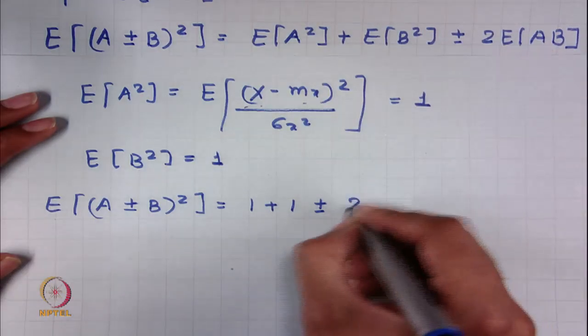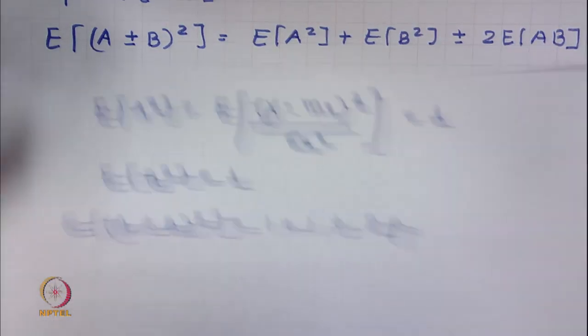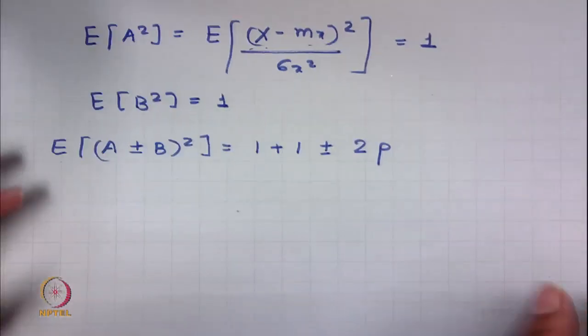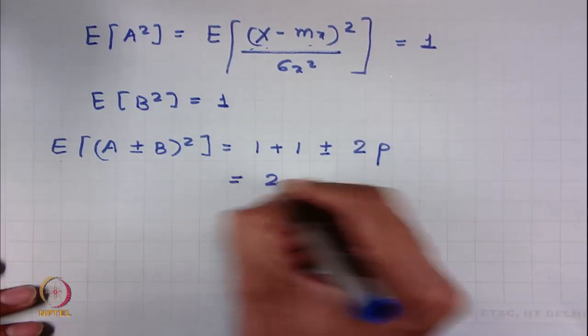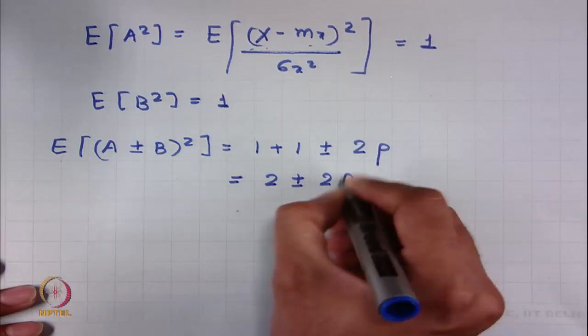It is defined to be rho. All right. So, we get this as 2 plus or minus 2 rho.